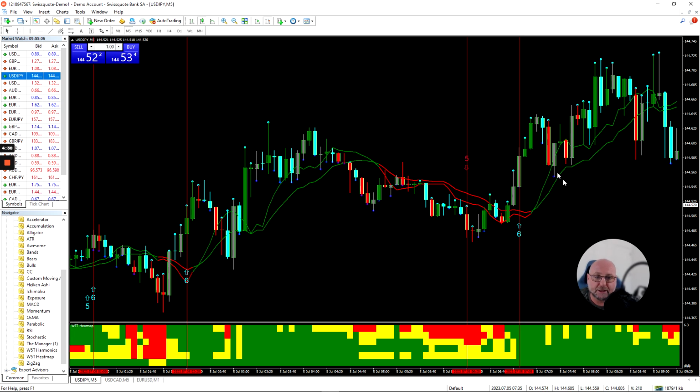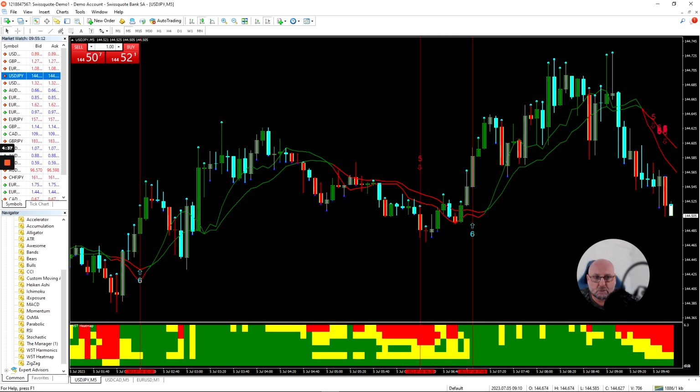So we pull back, we get a nice shallow pullback, it goes up again. We get a down candle here with higher than average volume, but then we get a return leg here which is grey, but it's higher than average volume because we have that on there.